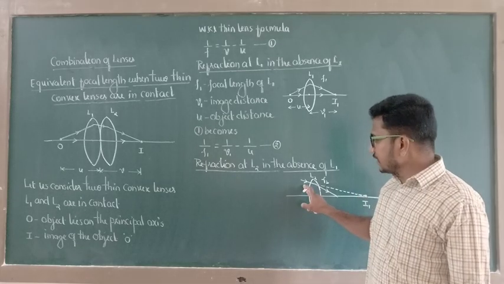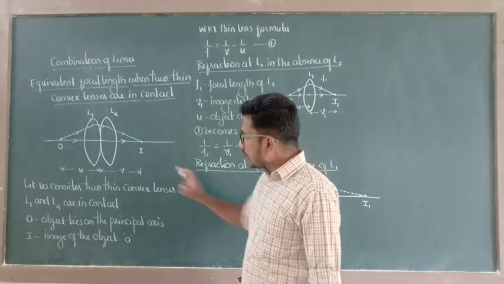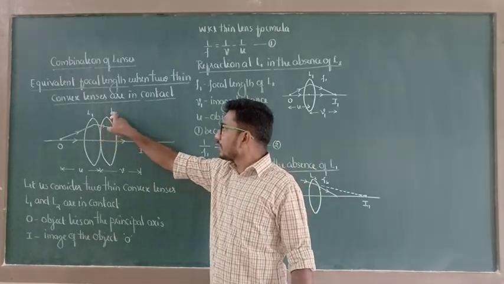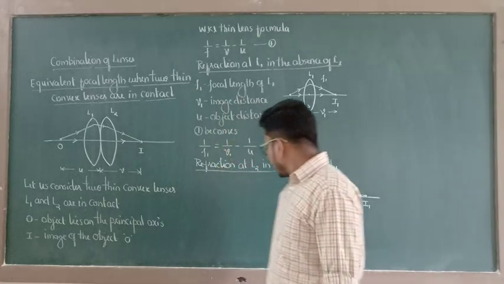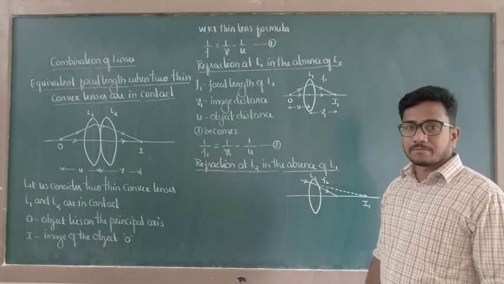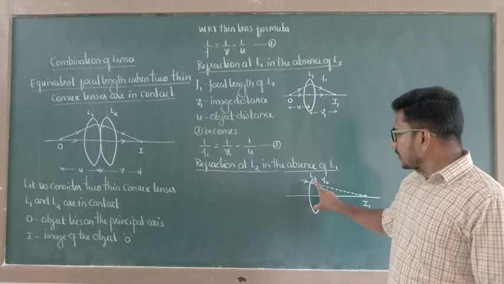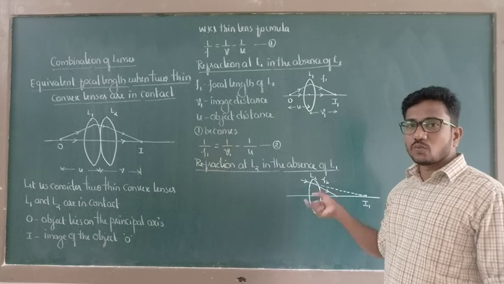Therefore this is our incident light ray. For L1 this light ray is a refracted light ray, for L2 this light ray is an incident light ray. Therefore there is no real object here. In the absence of a real object, its image acts as a virtual object.